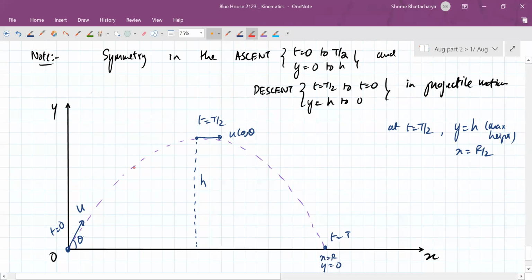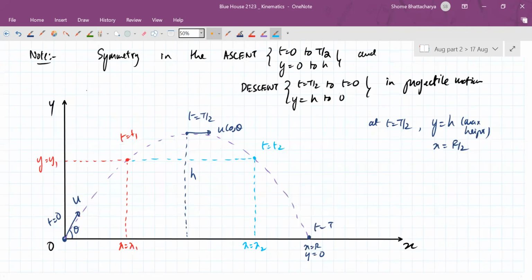Now, in between, suppose it has reached somewhere here at time t1, the x coordinate is x1, and the y coordinate is some y1. Then it will again reach that same height on the way down at some other time t2, and that coordinate will be x2.